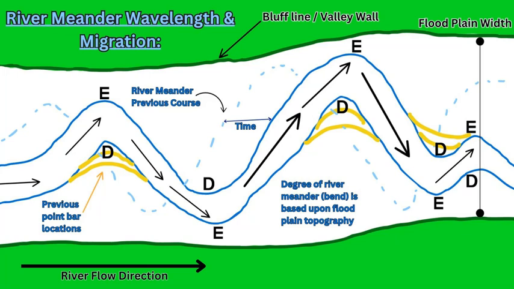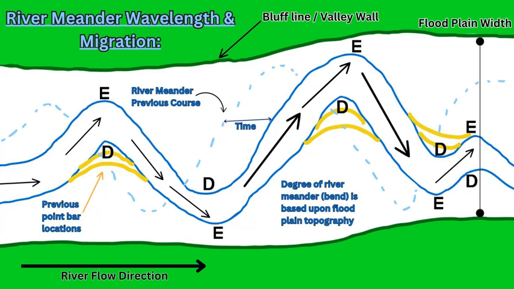And the wavelength of the meander is the distance between the two bends, or the two areas where the river bends and curves and changes direction. So the wavelength can extend or decrease based on the topography and based on the geology, and also based on the discharge of the river.